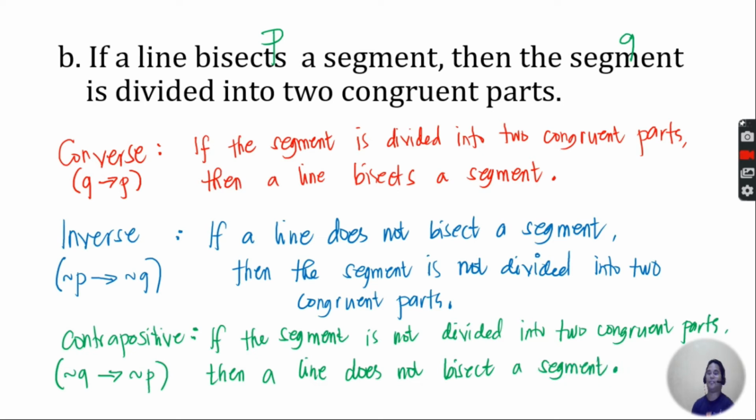So, ayan po. So, ayan po yung ating converse, inverse, and contrapositive ng ating given conditional statement po. Nakuha niyo po ba?